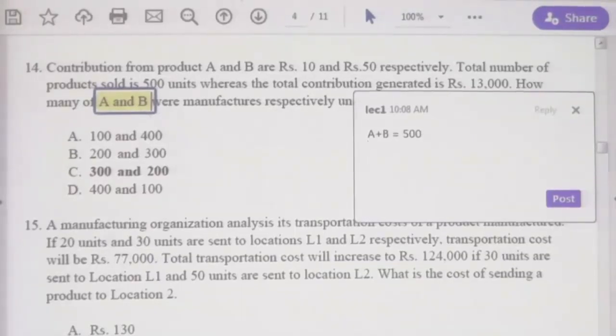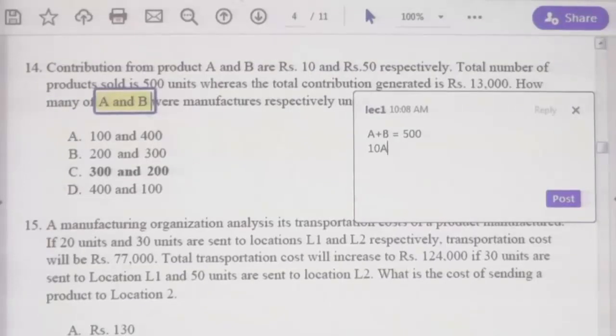Now, I am going to use the simultaneous equation technique, right? Samagami samikarana. That is the technique I am going to use. Now, they have mentioned total contribution 13,000. That means you can earn 10 rupees from 1 unit of A as the contribution.